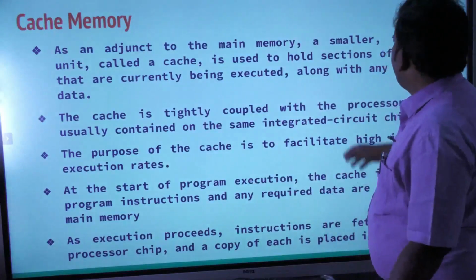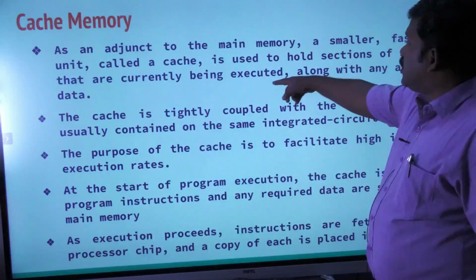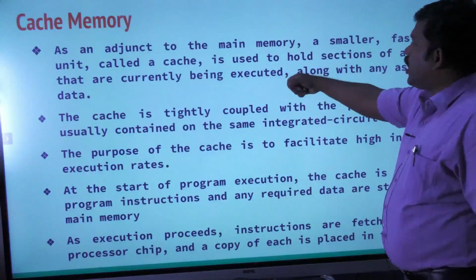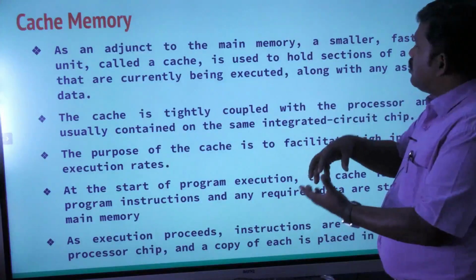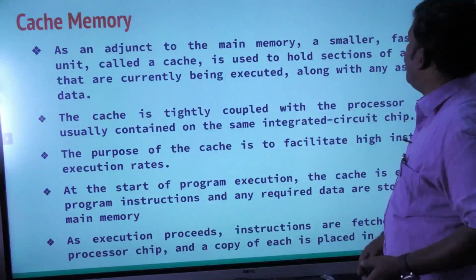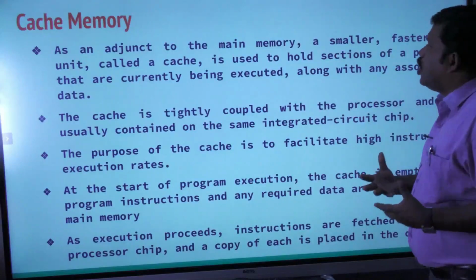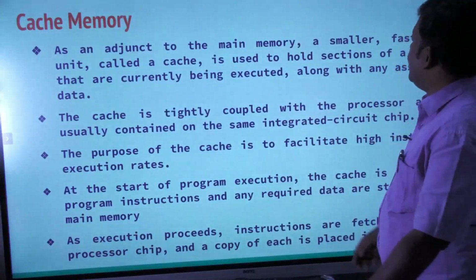The faster RAM unit is called cache. It is also a faster RAM unit, but its size is very small when compared to the primary memory. So what kind of data can the cache memory hold?